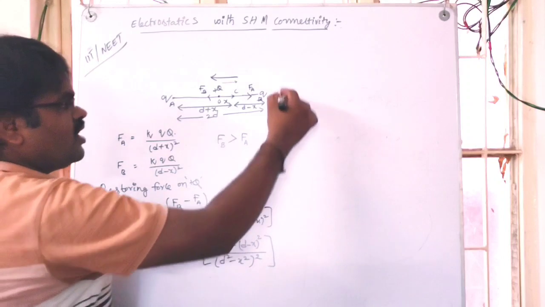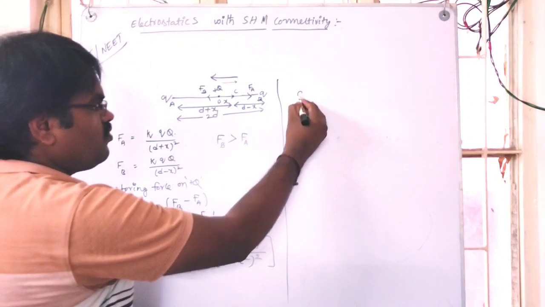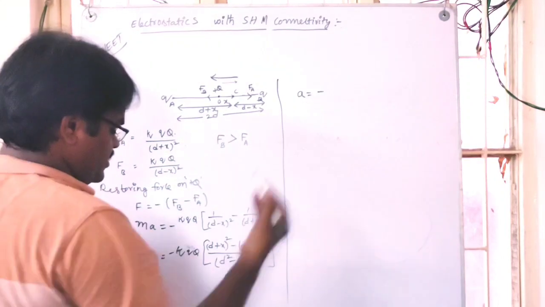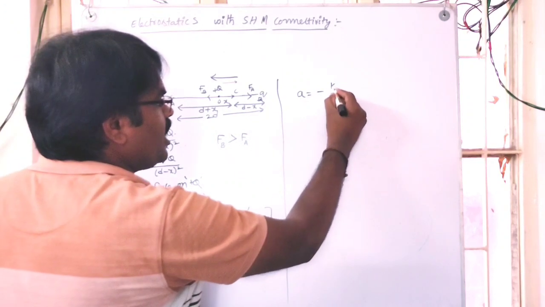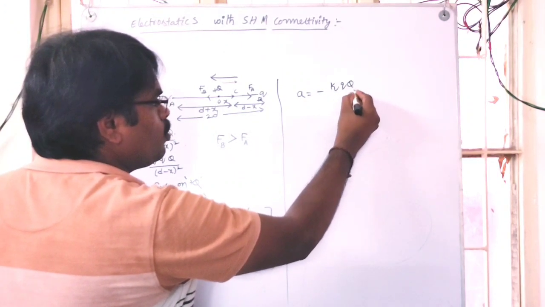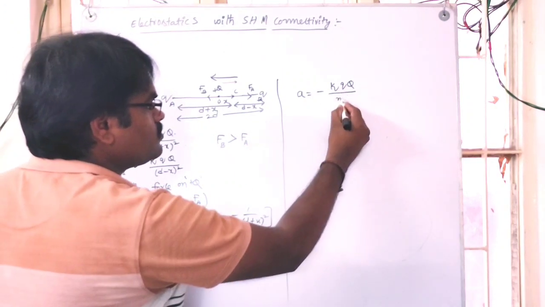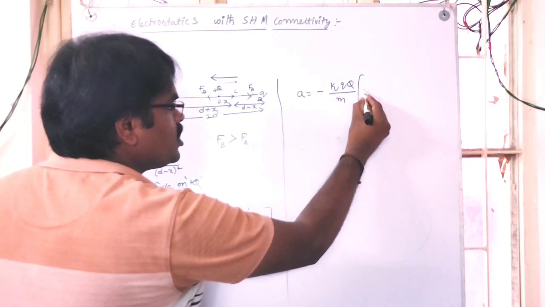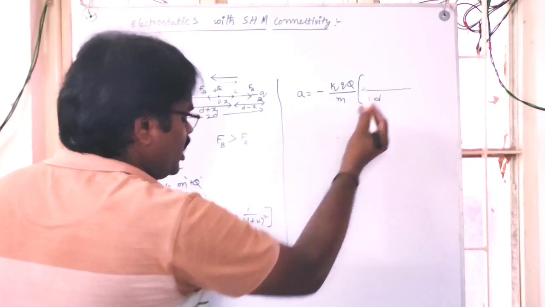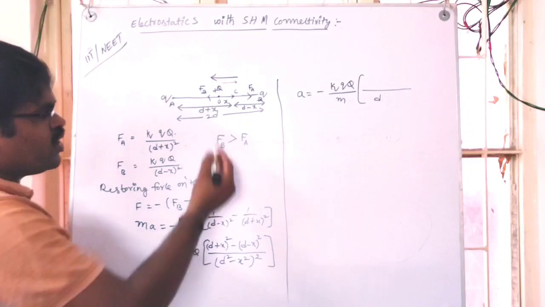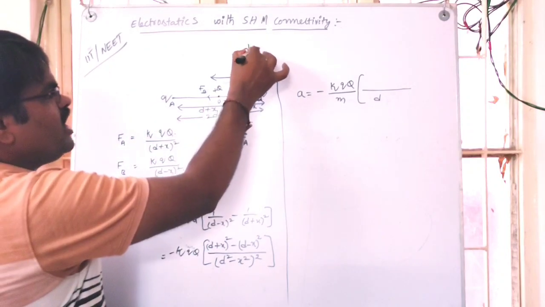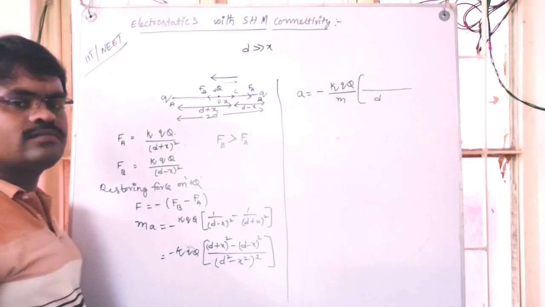Then the acceleration of the charge is equal to minus kQQ by m into, now here d square minus x square. Here d is very much greater than x.